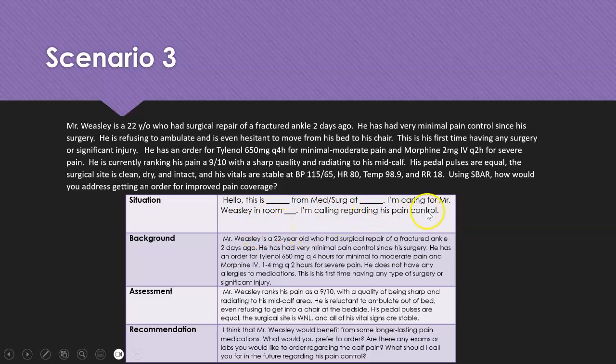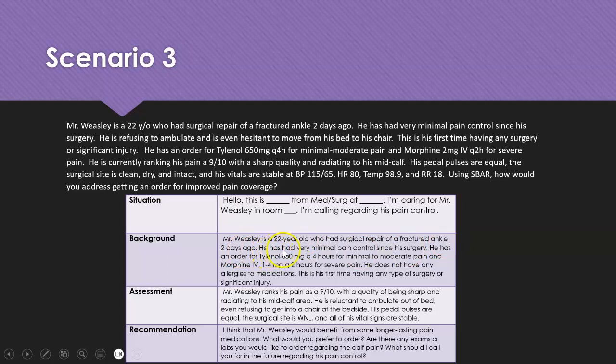I'm calling regarding his pain control. Okay, so the background. You gave them the situation. Where are you calling from? Who are you? You identified yourself. Mr. Weasley is a 22-year-old who had a surgical repair of a fractured ankle 2 days ago.